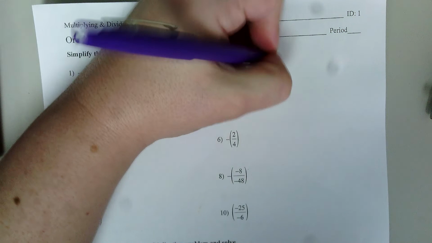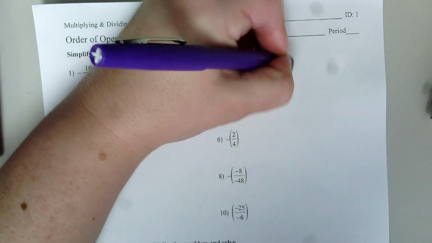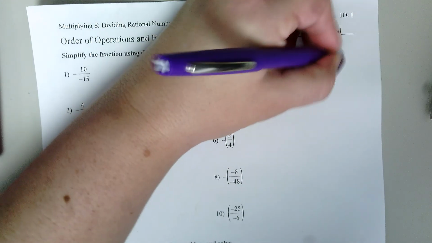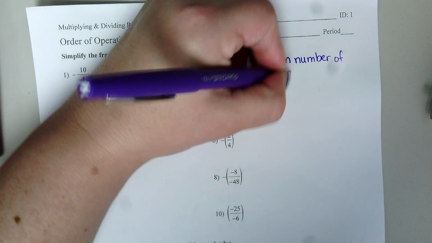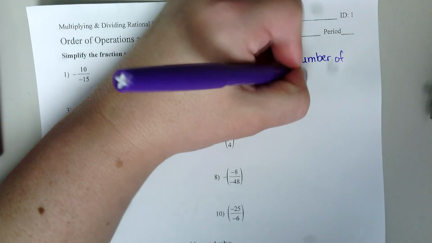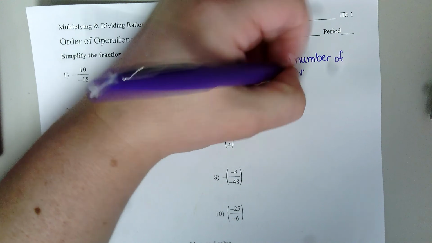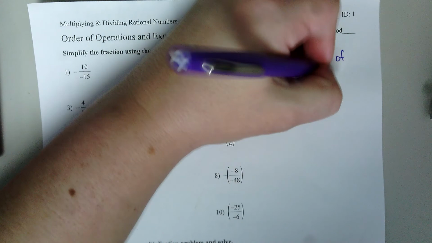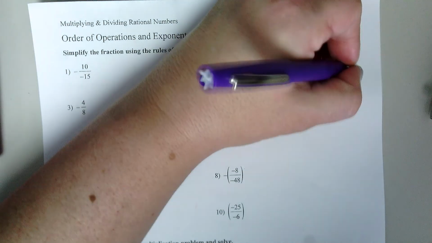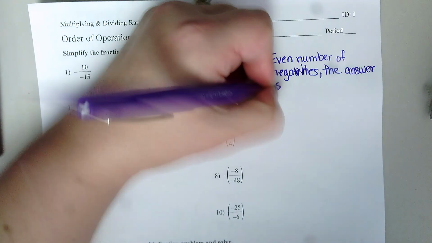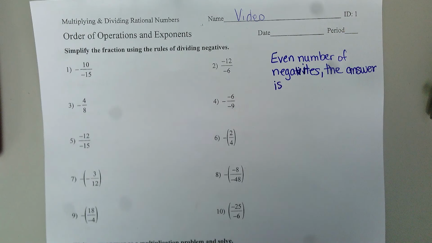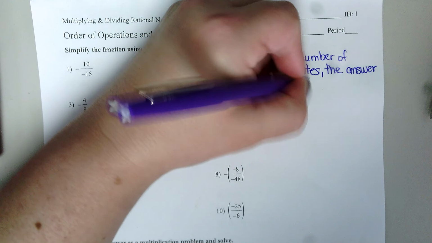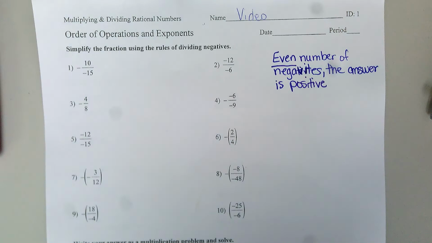If we have an even number of negatives, the answer, is it going to be positive or negative? Even number means the answer is positive. 0, 2, 4, 6, whatever.